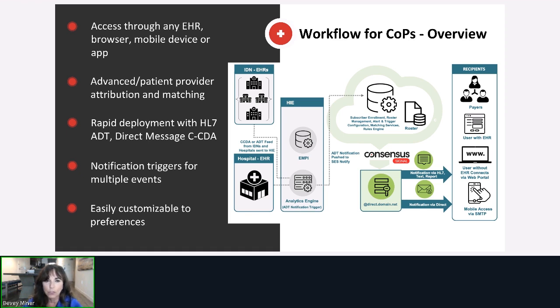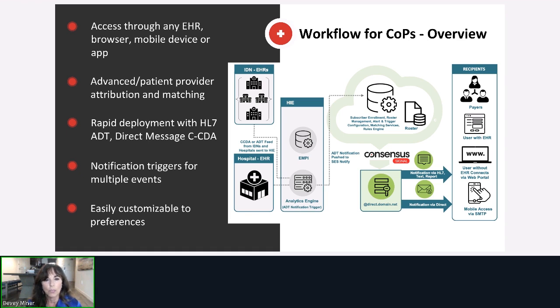You can do it with an HL7 FHIR standard message. You can do, like I said, direct messaging. And the real key with direct messaging is to do it with structured data, in the format of a CCDA, because a CCDA can be consumed by the EHR, and that structured data can be much more readable.